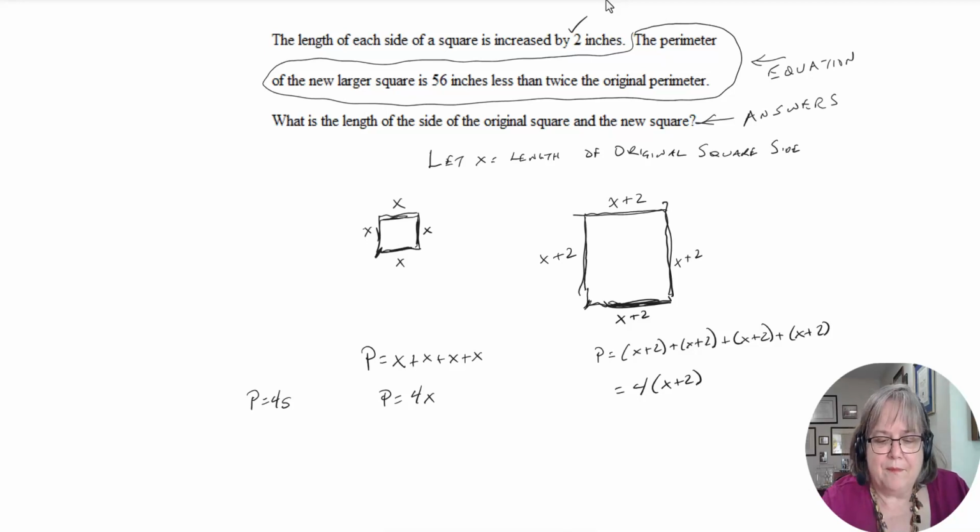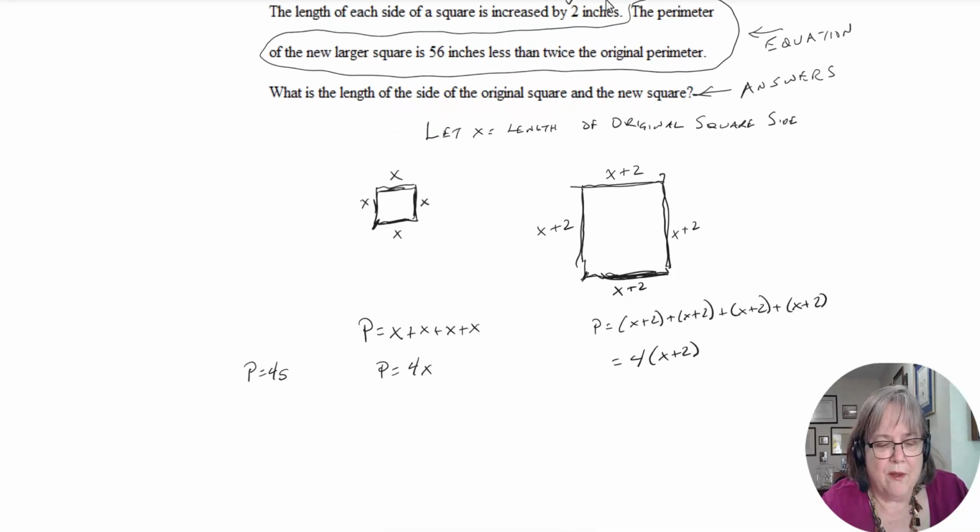All right. So the perimeter of the new larger square, that would be this one right here. The perimeter of the new larger square is, because this is my equals right here, 56 inches less than, so it's not a difference, it's something less than twice the original.